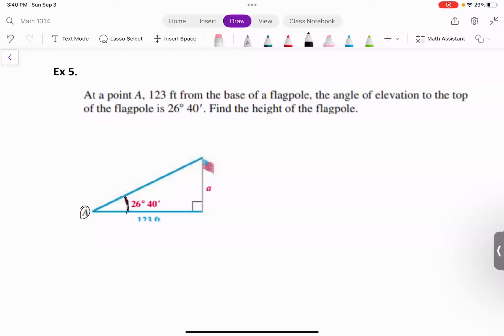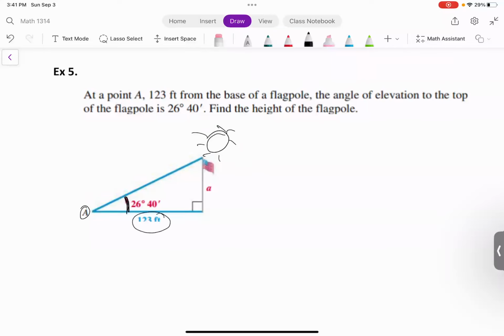Sometimes it also says elevation to the sun. That also means elevation to the top of something, because they assume that the sun is here. Find the height of the flagpole. Okay, let's see the given information. We have an angle.